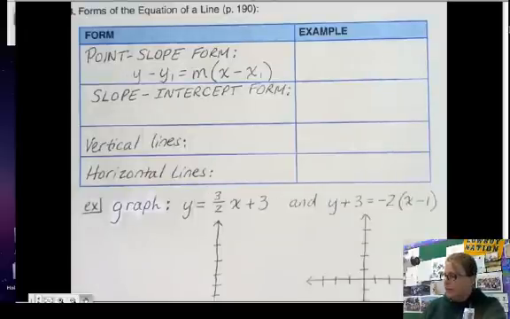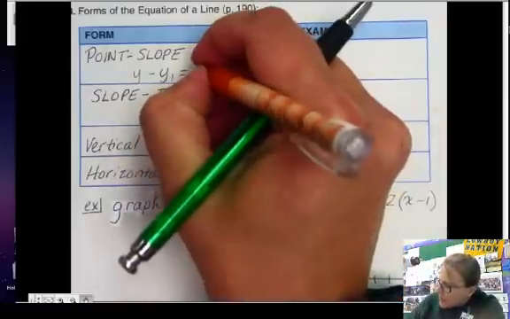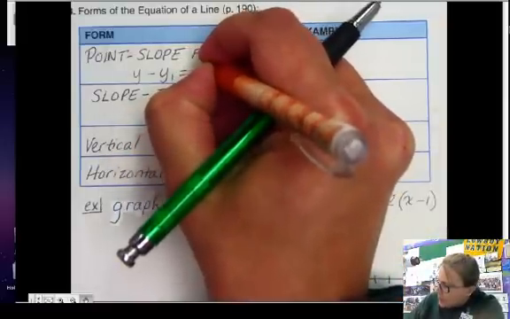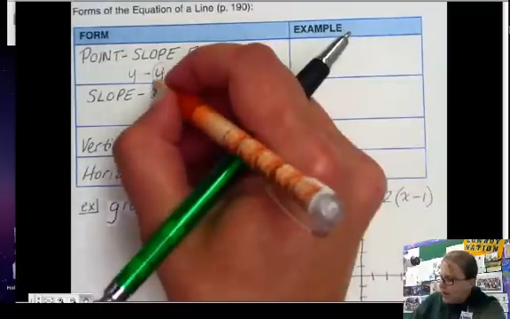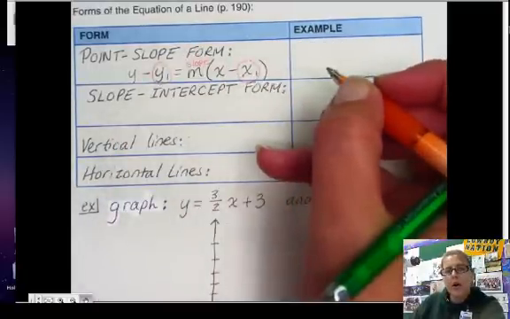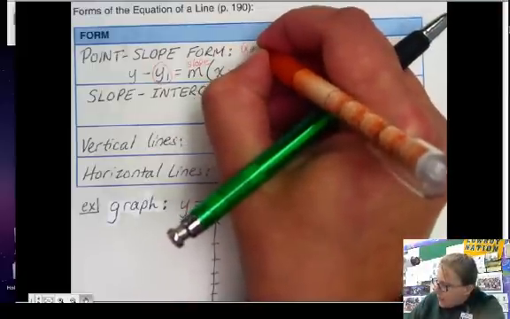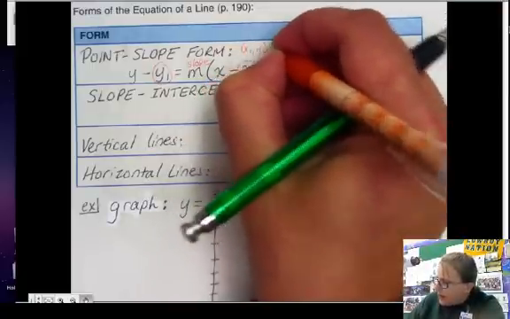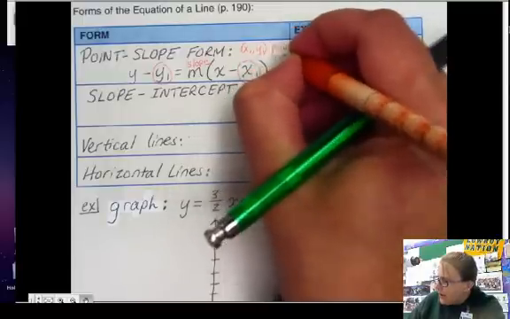So what these different things mean is m is your slope. So this right here is your slope. And your y1 and your x1 are a point on the line. So x1, y1 is a point on the line.